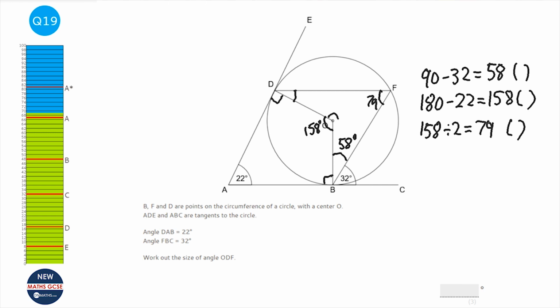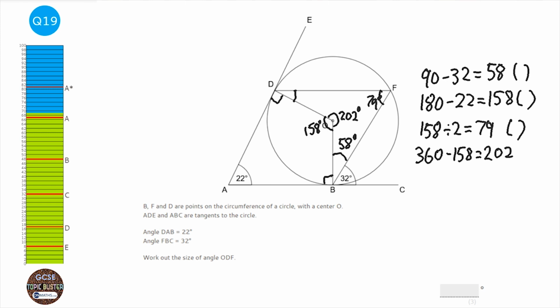Then this one here I can work out because it's angles on a point. So it's 360 take away 158. So that's going to be 202 degrees. I just need to make sure I put degrees on these. Okay, then we've got an arrow shape here, which is a quadrilateral.